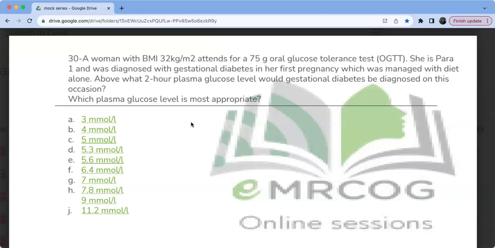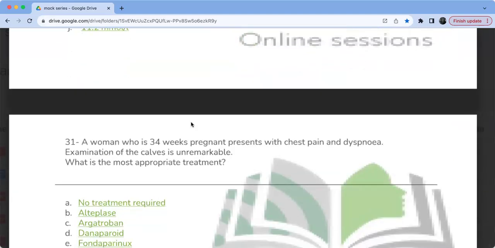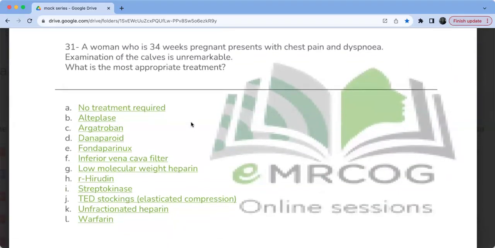To diagnose gestational diabetes, the woman has either a fasting plasma glucose level of 5.6 or a 2-hour plasma glucose level of 7.8, right? So for the 2 hours, 7.8. Good. A woman who is 34 weeks pregnant presents with chest pain and dyspnea.